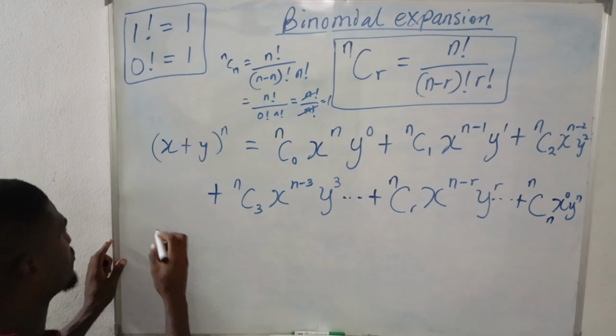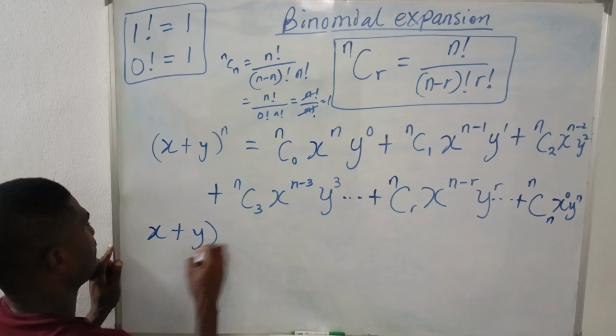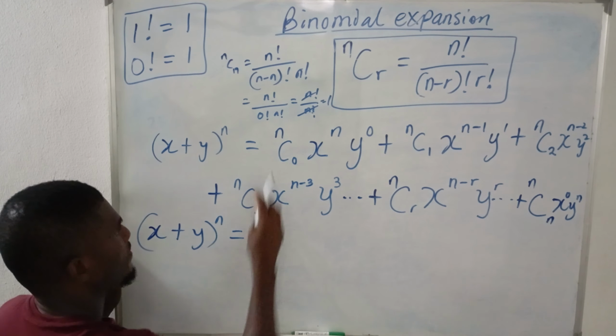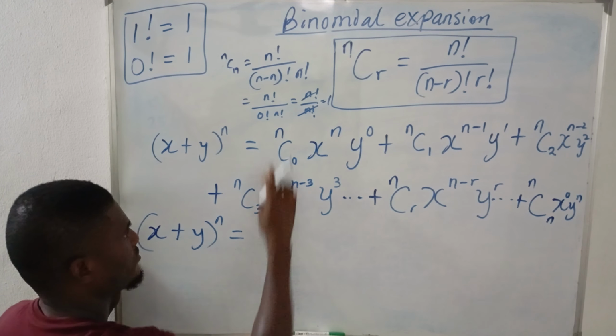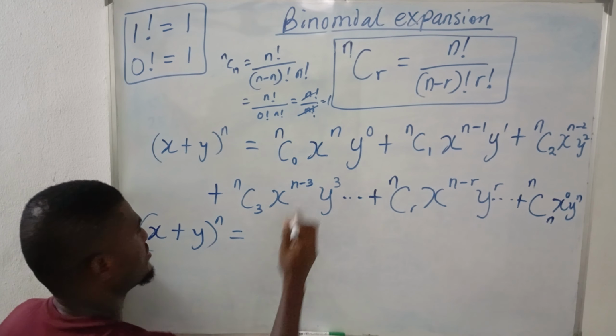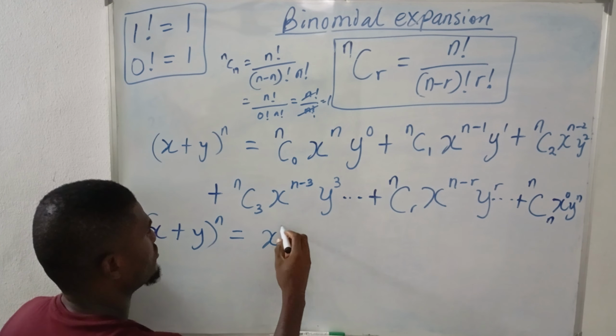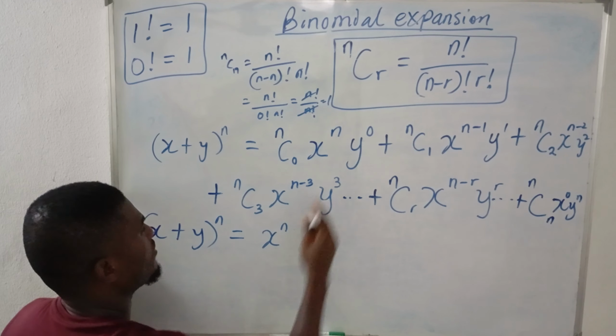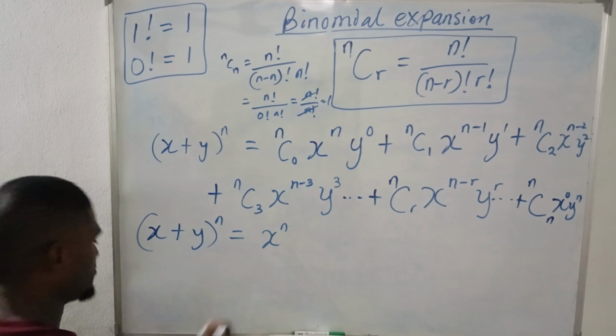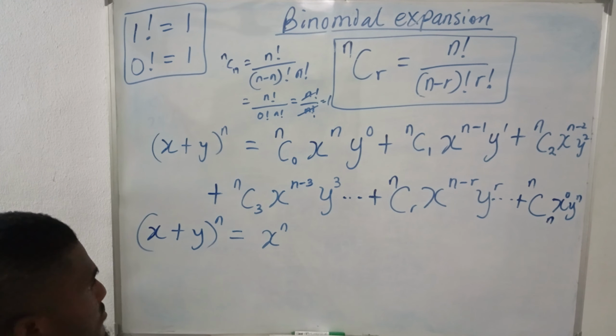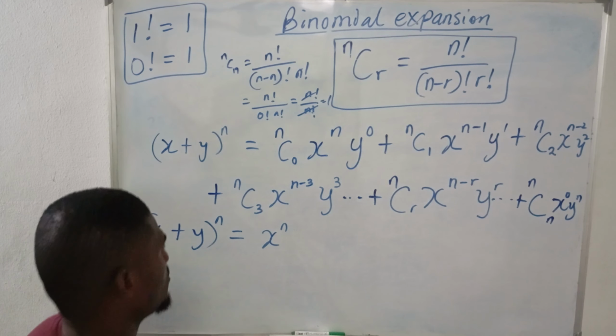Now we can then go on to say that this would be 1, this is 1, so 1 multiplied to this remains x raised to the power of n, and y raised to the power of 0 is also 1, so everything multiplied to this will remain this. Then we go to plus.